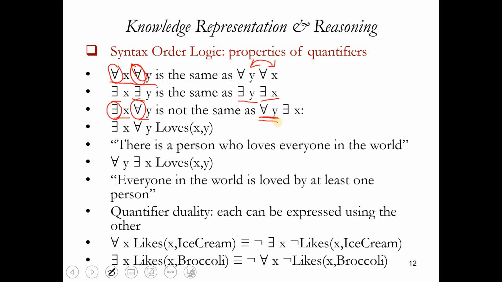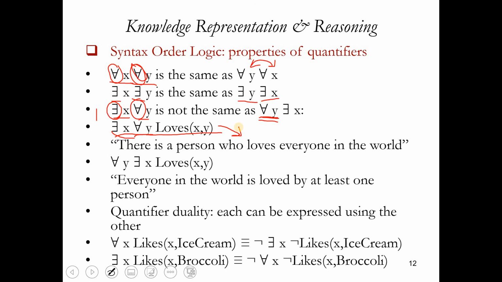Next one over here, for some X, for all Y, loves(X, Y). This is the example of this one. For some X, this sentence in English means there is a person who loves everyone in the world. There is some person X who loves everyone in the world.